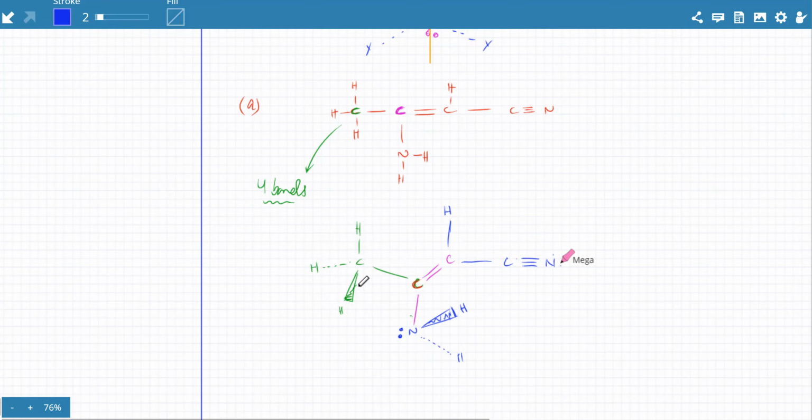The same would be true for this one. These two bonds would be spinning around. But the double bond over here would be stuck in position. You can't twist it around. Is this clear?